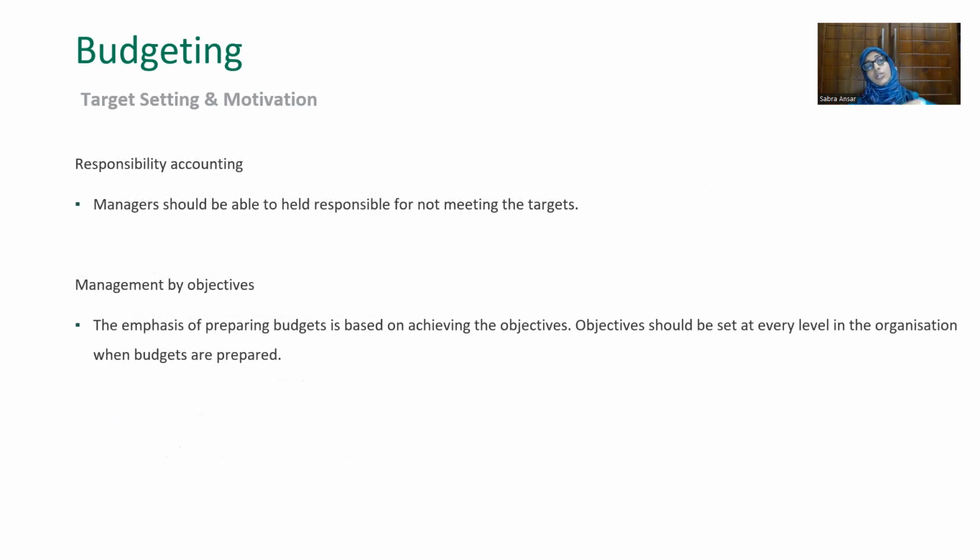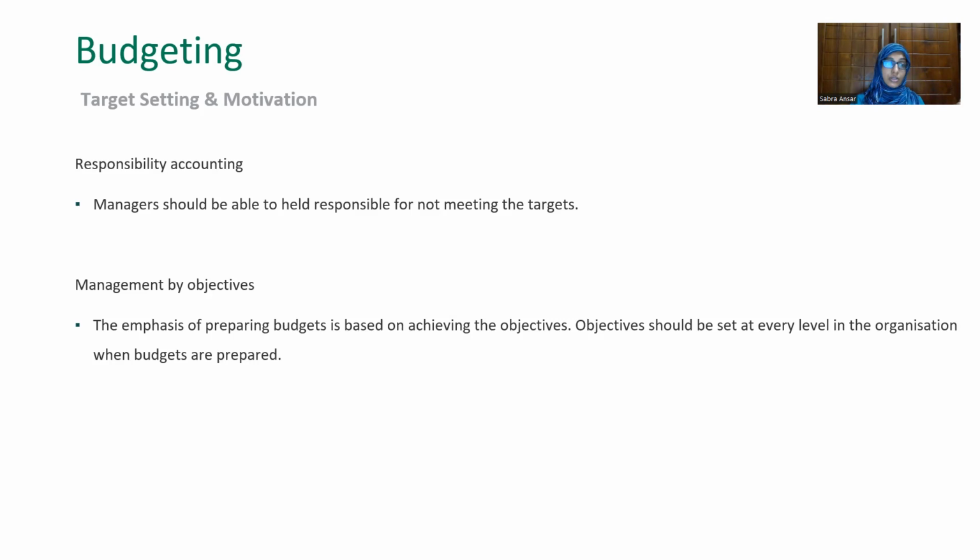Then also there's something called responsibility accounting, which comes in with target setting and budgeting. The managers should be able to be held responsible for not meeting the target. So there should be some way where managers are held responsible, so that the organization can ensure that the targets are properly met.